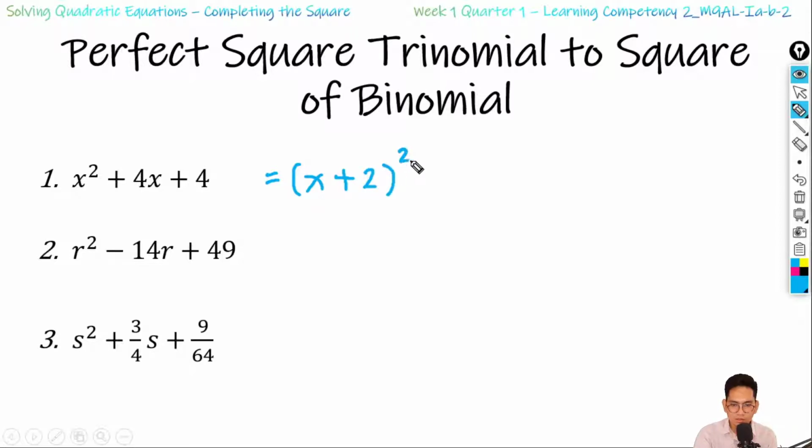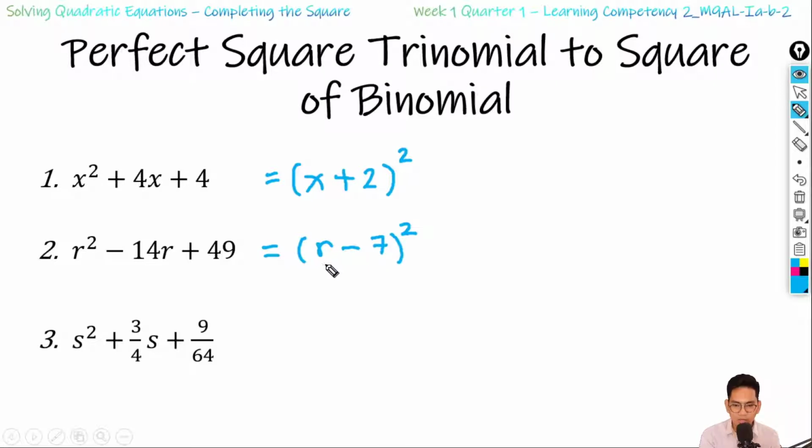quantity squared. Since this one is a perfect square trinomial, it can be factored into a square of a binomial. The second one is also a perfect square trinomial. How do we know? We get the square root of the first term, therefore we have r, and then the sign of the middle term, minus, and then the square root of the third term, which is 49, therefore that is 7, quantity squared.